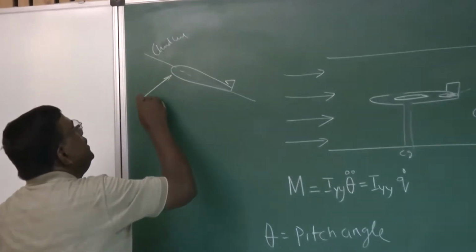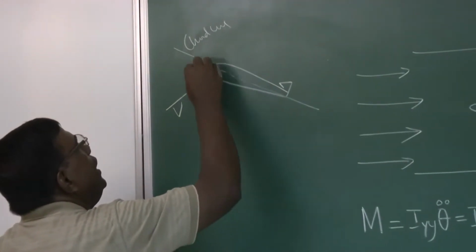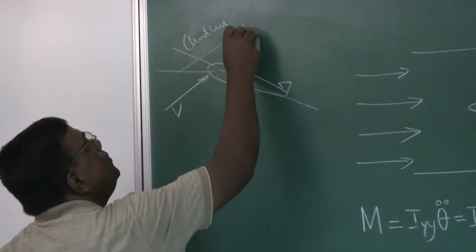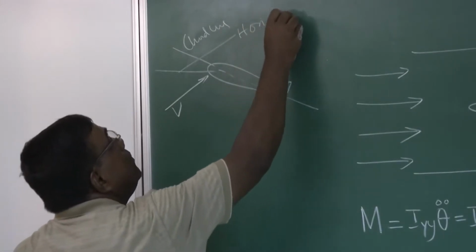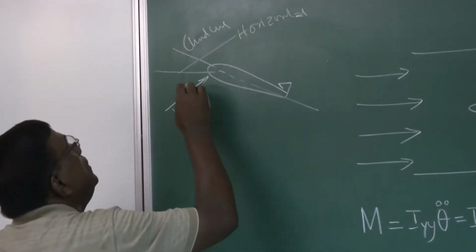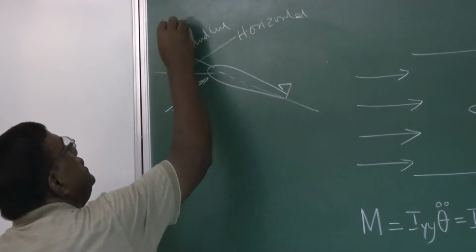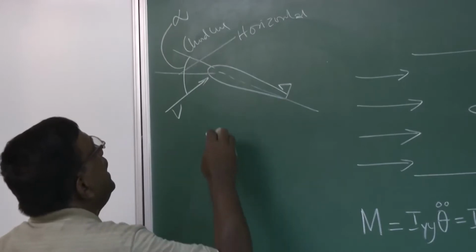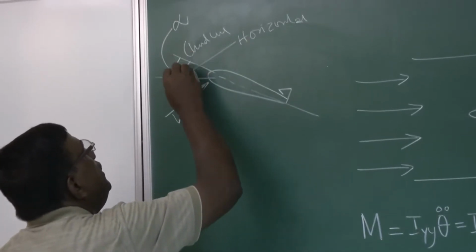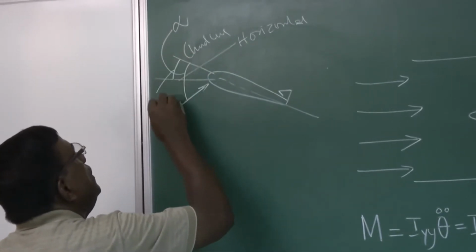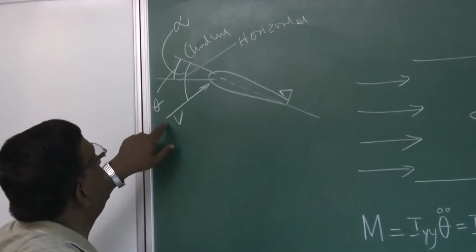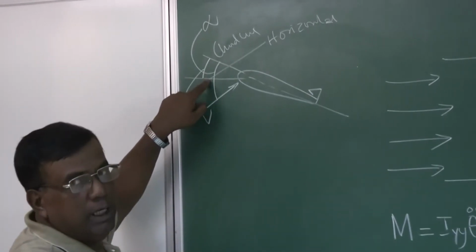This is the velocity vector, and this is the horizontal. Then the angle between the velocity vector and chord line is alpha. And how much this chord line is making with horizontal is theta. And how much the velocity vector is making with horizontal is gamma.